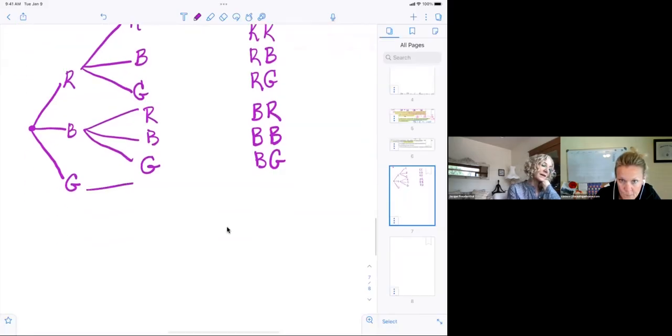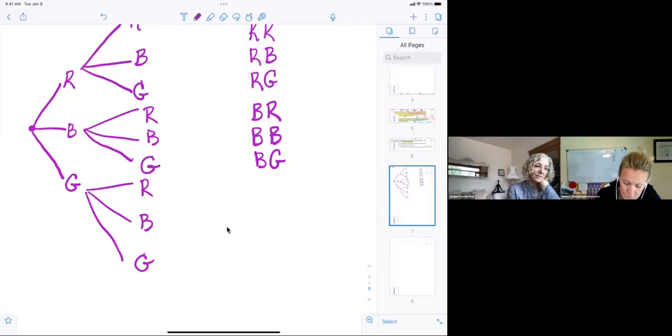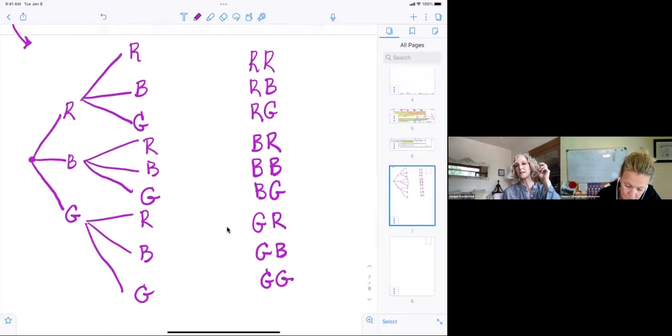And then my third layer means that if I draw green first, I can have those same options for the second draw: green and red, green and blue, green and green. These are all of the ways I can draw 2 marbles out of my bag. This is the sample space, all the options of drawing 2 marbles.